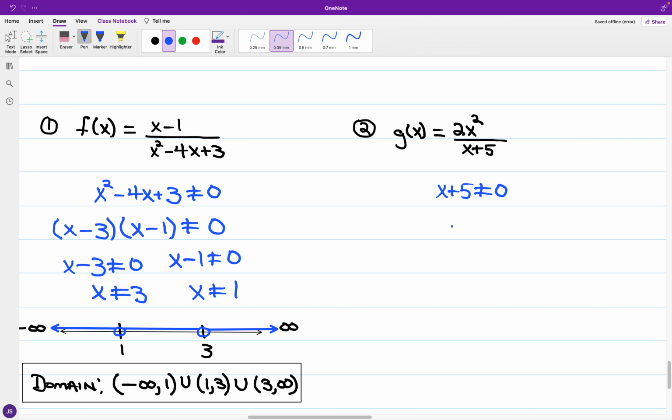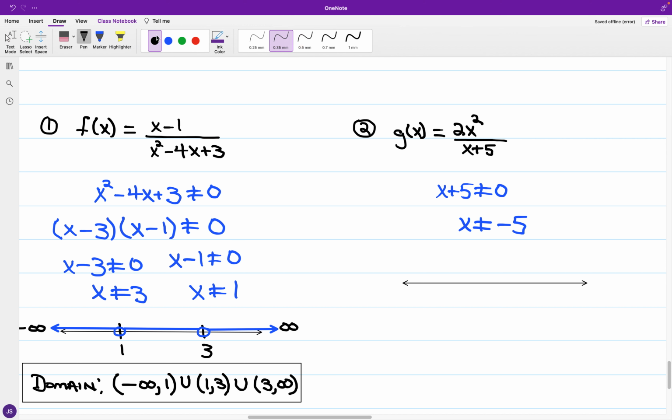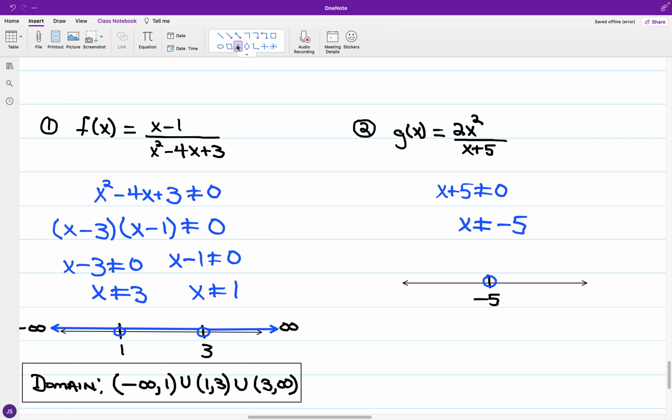Okay, so x plus 5 cannot be 0. So you have one excluded value from the domain, and that is going to be negative 5. Again, negative 5 is excluded. All the other values are in the domain.